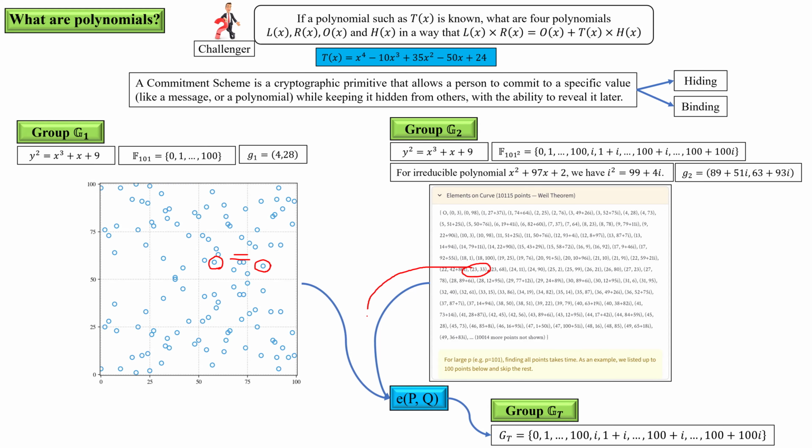So for instance, you compute the pairing of the first point with the point from group G2, and again the pairing of the other point with the point from group G2. And if the two pairing values are equal to each other, then you conclude that these 2 points were already equal to each other.